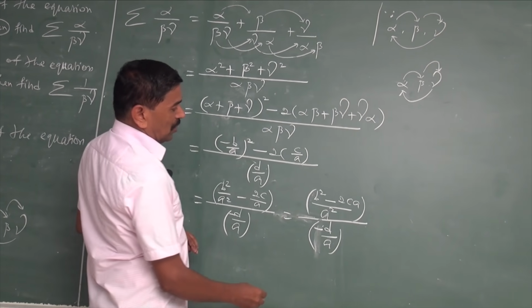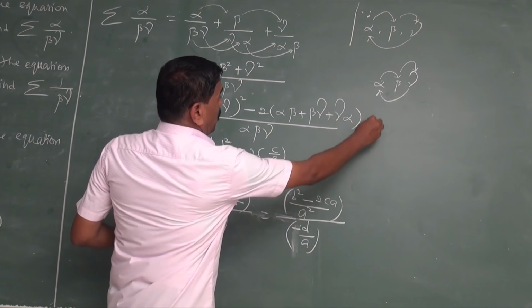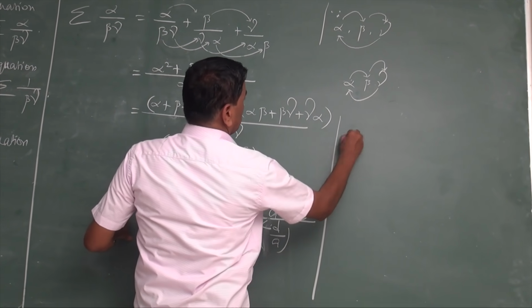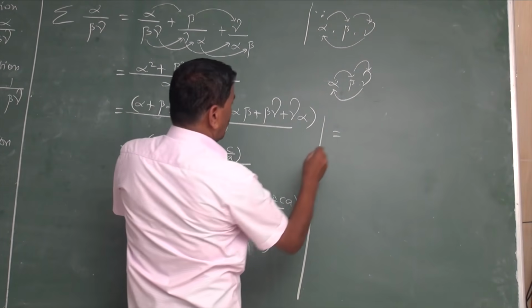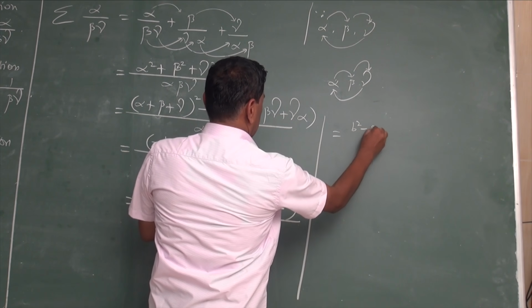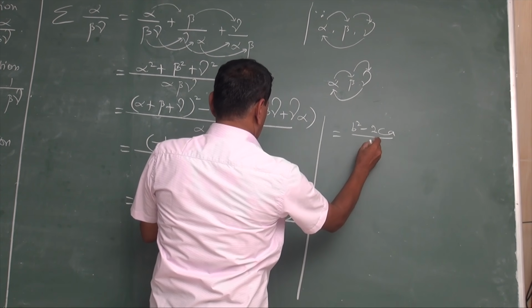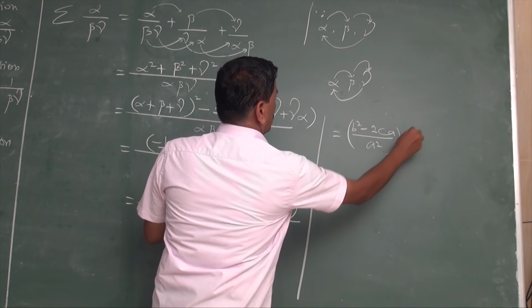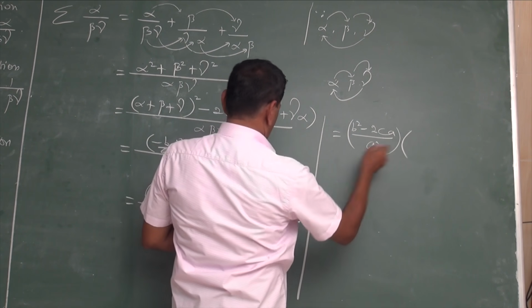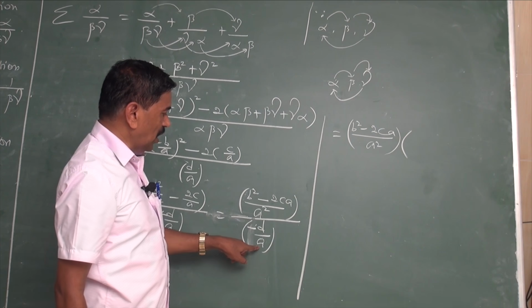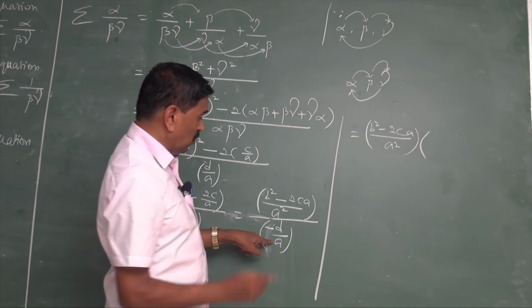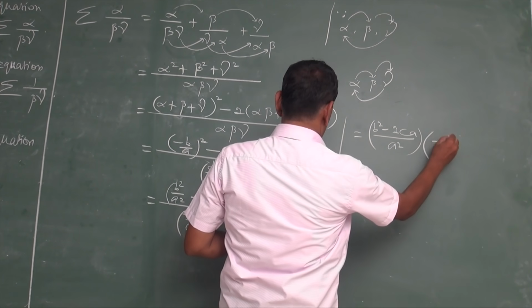Now it becomes a reciprocal. Listen, the numerator is b square minus 2ca divided by a square, into the reciprocal of d by a, which is a by d, where minus by plus equals minus, that is minus a by d.